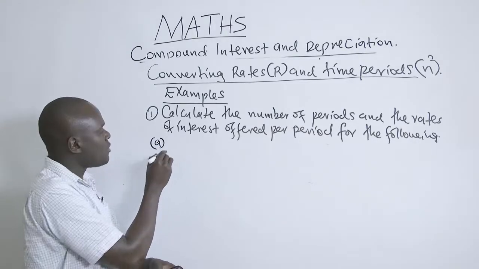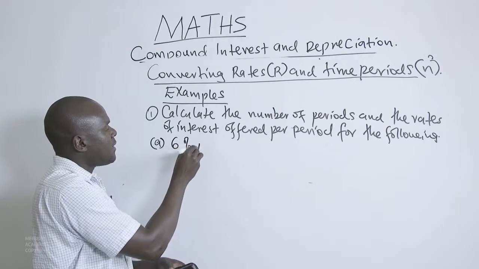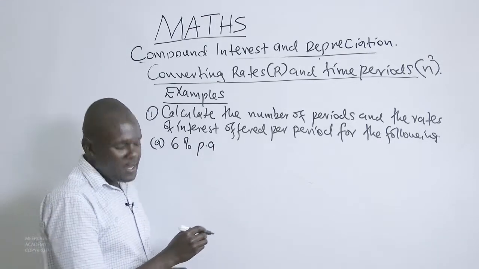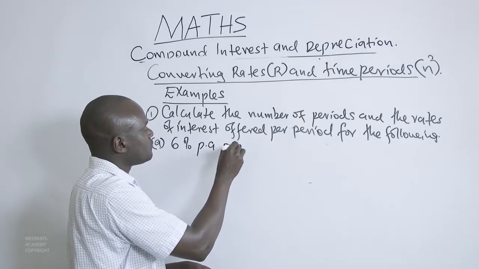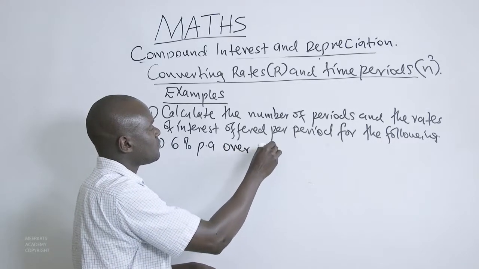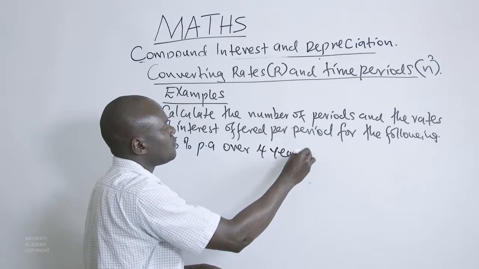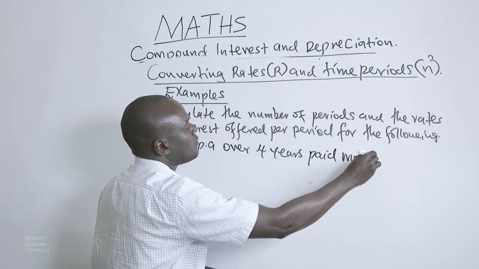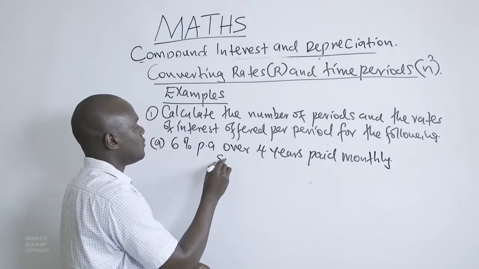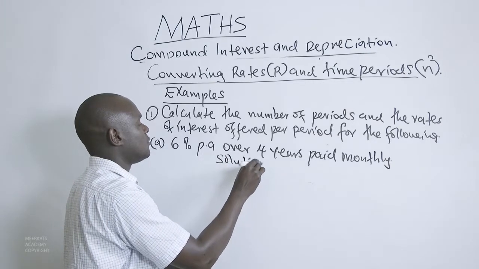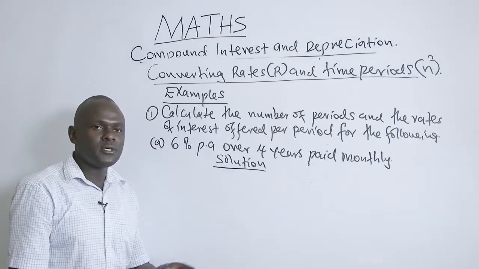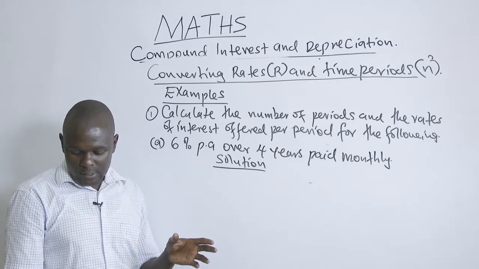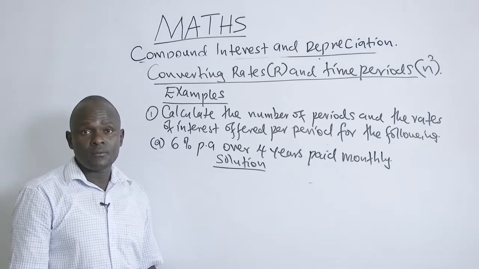Question A, 6% per annum over 4 years paid monthly. So there are two things we are supposed to calculate. We are supposed to calculate the rates, and we are also supposed to calculate the periods.